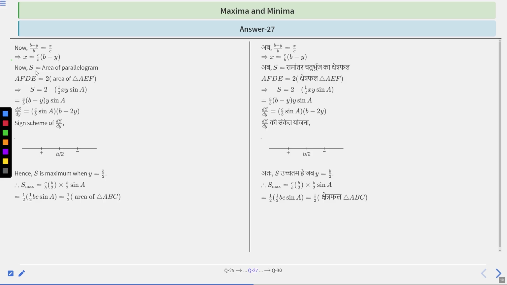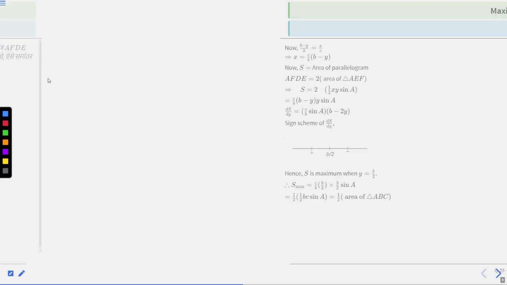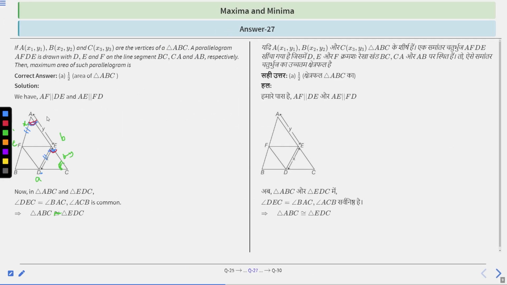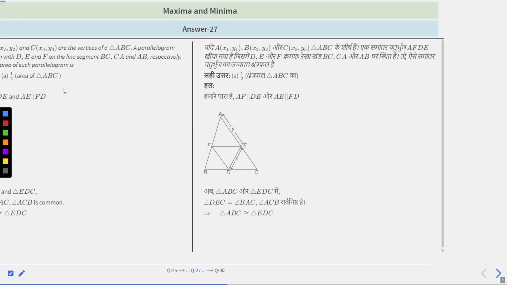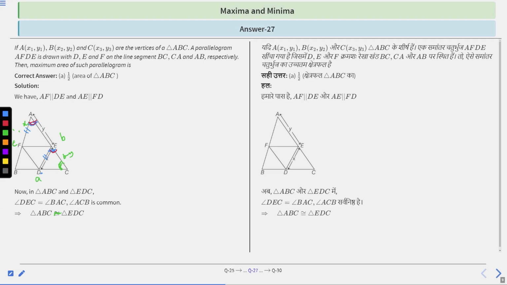Now you can calculate the area of the parallelogram AFDE, which is equal to 2 times the area of triangle AEF. The area of triangle AFE is basically 1 by 2 xy sin A, because x is given, y is given.